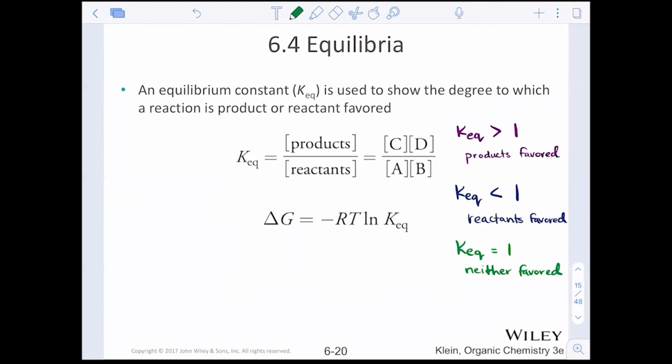So KEQ, delta G, delta H, and delta S are all thermodynamic terms. It only describes the relative stability of the products and the reactants, but not how fast or how slow they go, right? And we can use KEQ to find delta G as well. The negative RT, R being the gas law constant, different units, temperature being in Kelvin, and the ln, the natural log of KEQ, will give us the actual delta G. It's what we've been talking about, right?